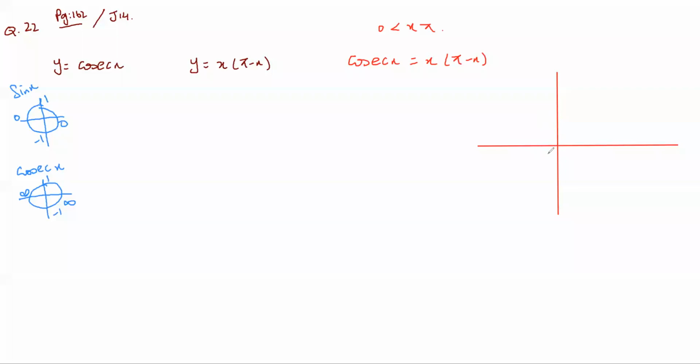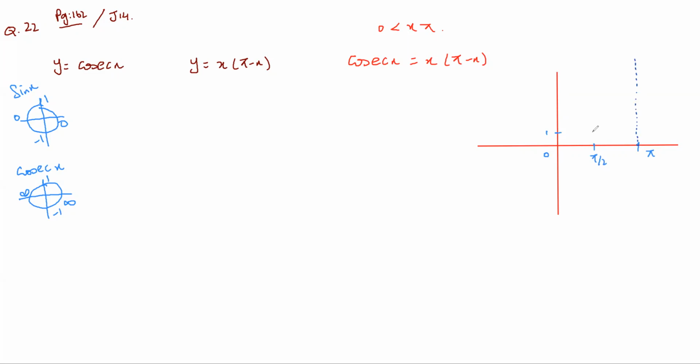So if this is 0 here, we take intervals of 90 or pi by 2 for this sine or cosecant. If we have 1 here, I should have a vertical asymptote here, so I'll be drawing a dotted vertical line.